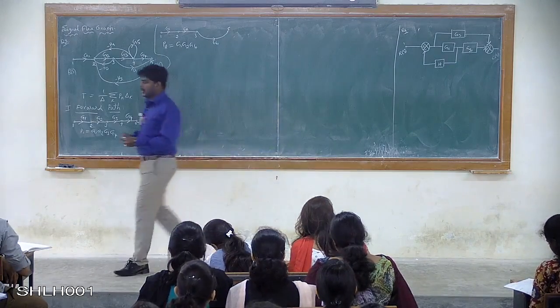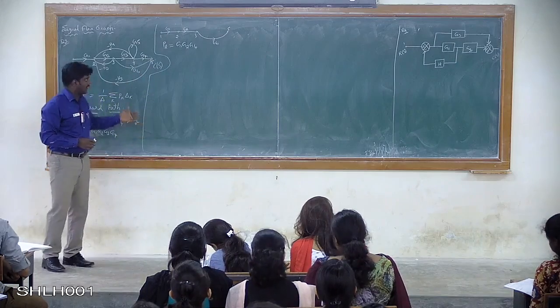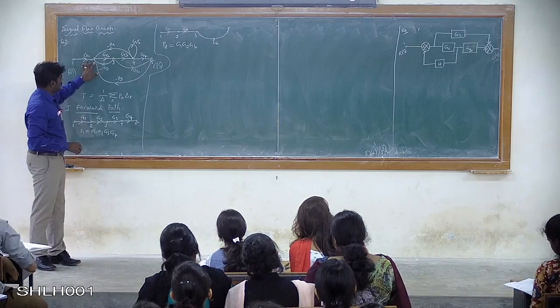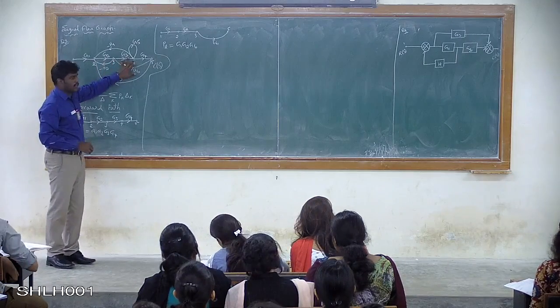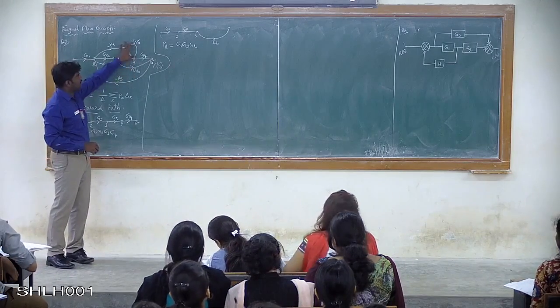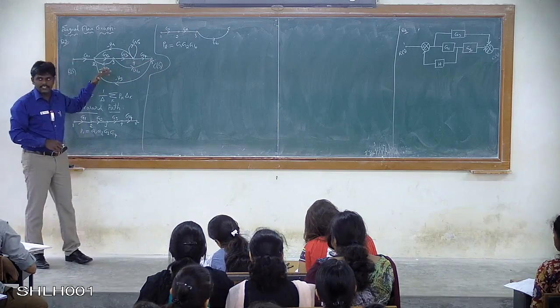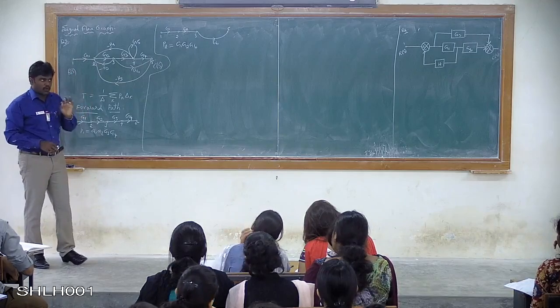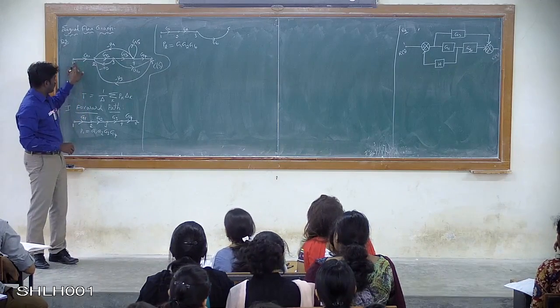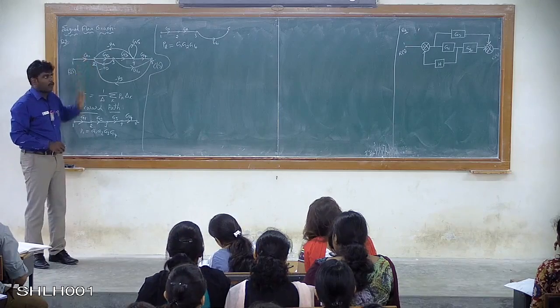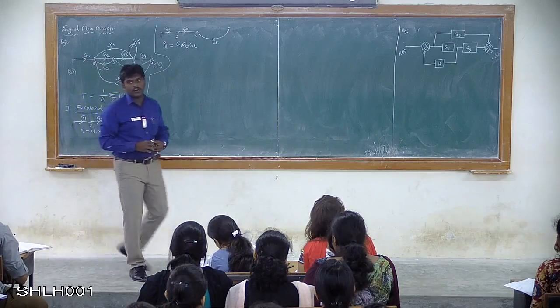You may think there could be another forward path like 1 to 2, then 2 to 3, 3 to 4 using the gain value G5, and then 4 to 5. But there is a condition: if you have used a node once, you are not supposed to use the same node again while writing the forward path.